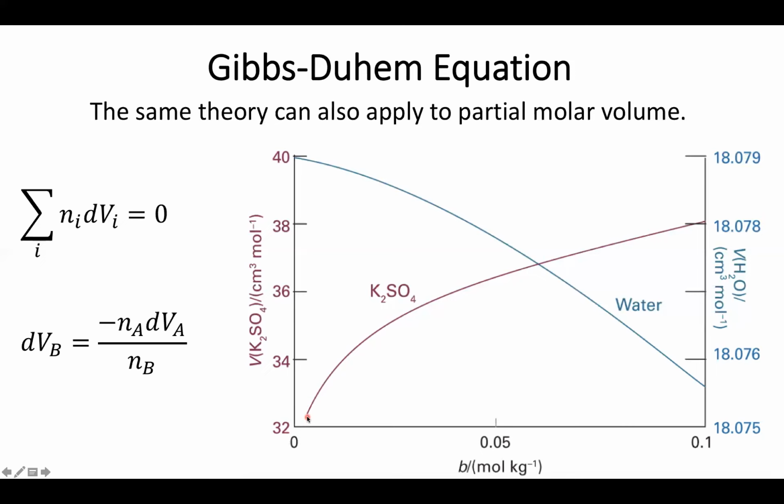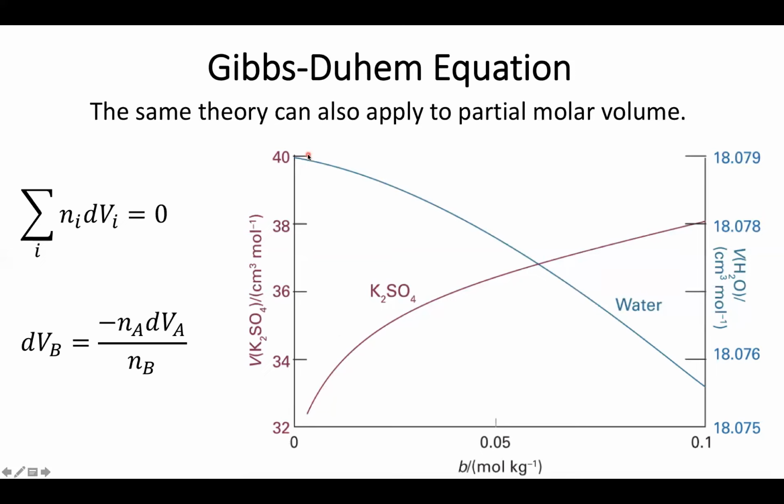And for the potassium sulfate, as we see a small decrease in the molar volume of water, as each water molecule has to give up a little bit of volume for the potassium sulfate, we're going to see a big increase in the molar volume of the potassium sulfate, as each potassium sulfate is going to increasingly take up volume from those waters.